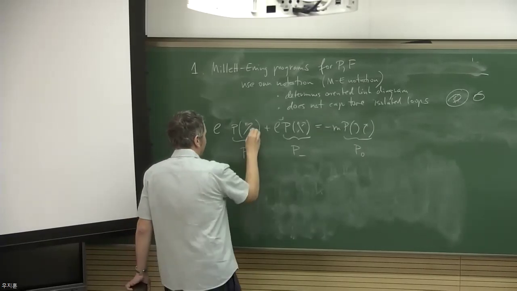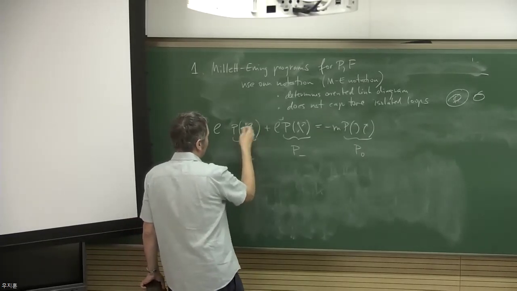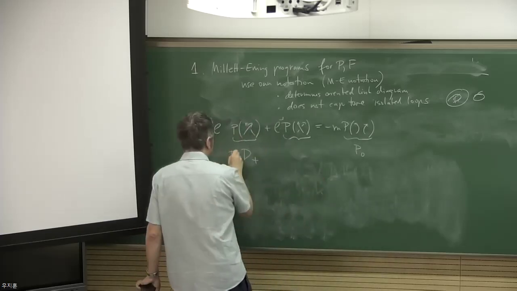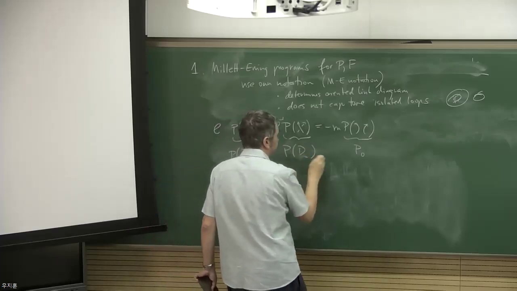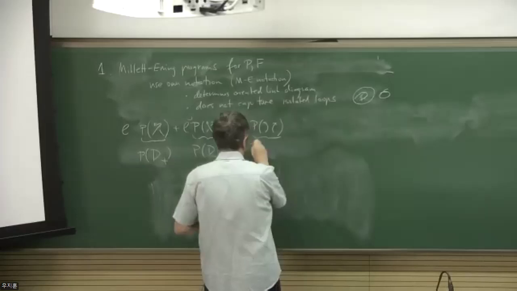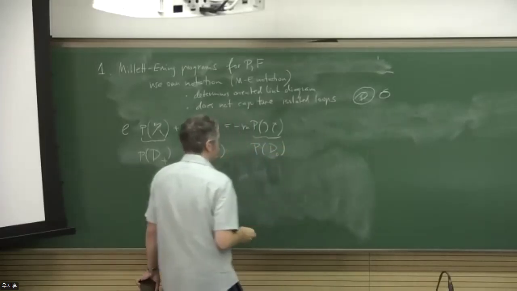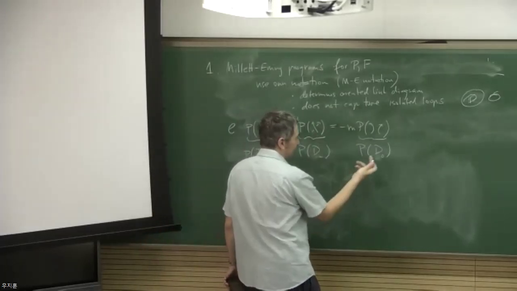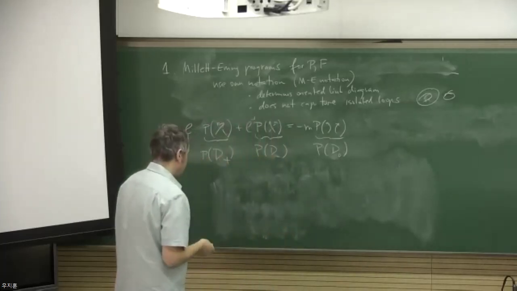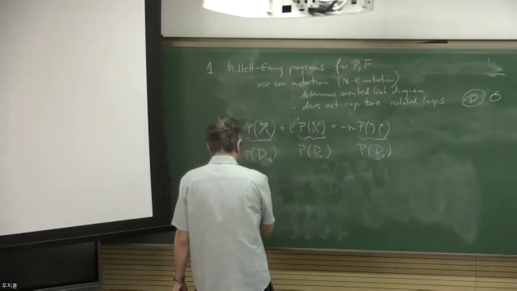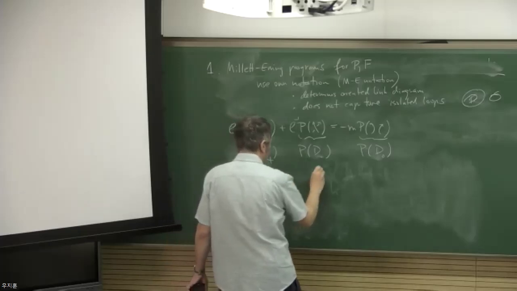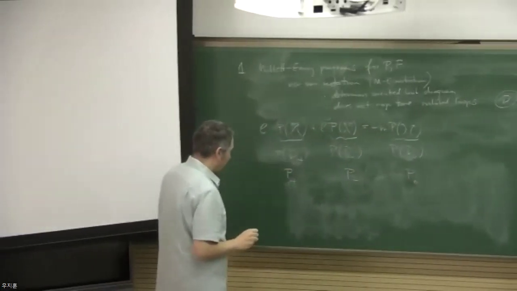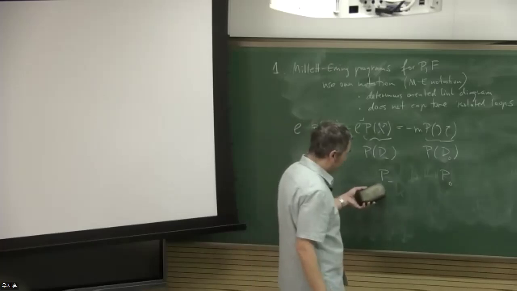This means a triple of diagrams, so the polynomials P of D plus, P of D minus, and P of D0. To make this even shorter, I will often write for the HOMFLY polynomials of these diagrams P plus, P minus, P0.